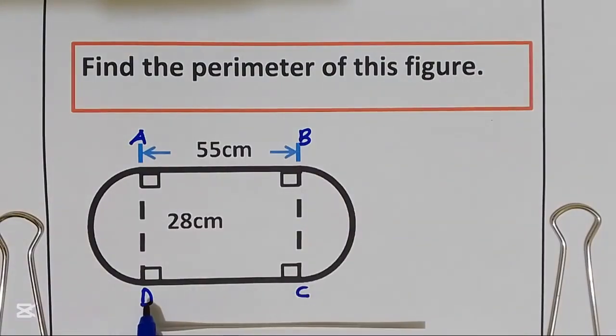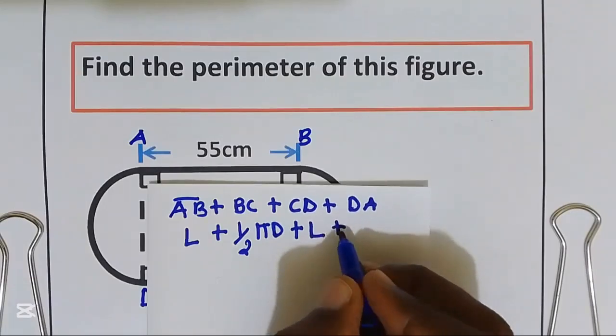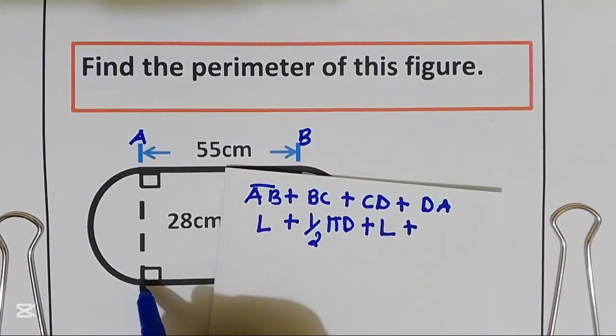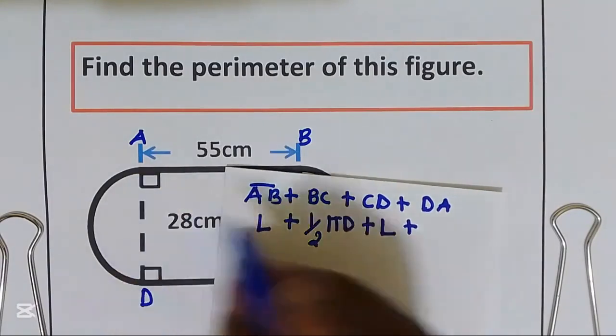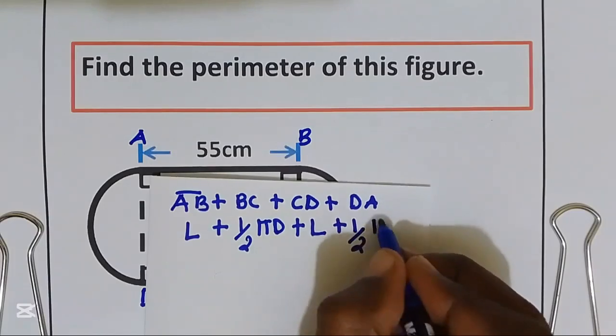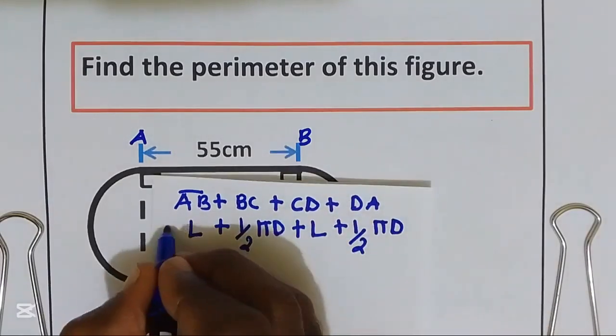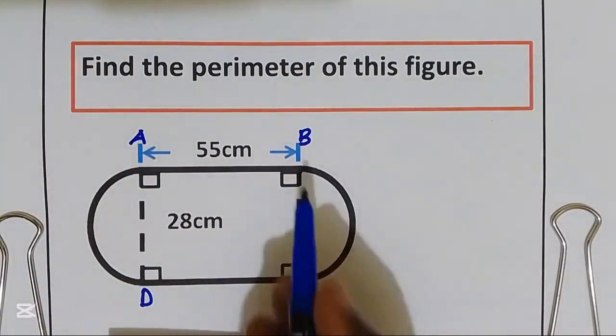This also is the length of the rectangle, so we add L. At last, we add arc DA, which is the semicircle. Its distance is given by a half pi d. So this gives us the perimeter of our figure.